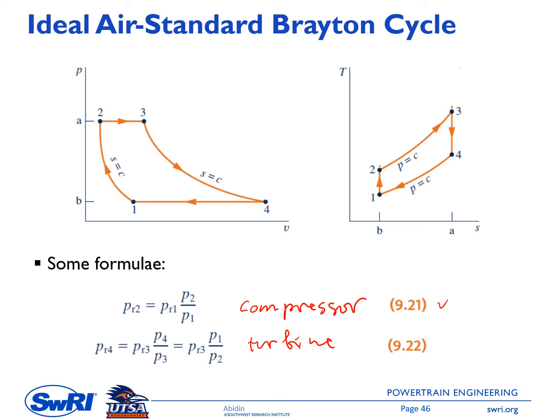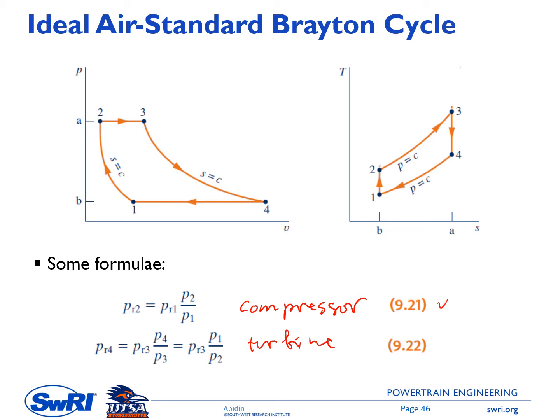The state at point 3 is also usually given, temperature is given, and P3 equals P2. If the temperature is given, you should be able to get the enthalpy. Then from equation 9.22, you will be able to get PR4, and then going back again to table A22 or A22E, you will be able to get H4 by doing an interpolation.